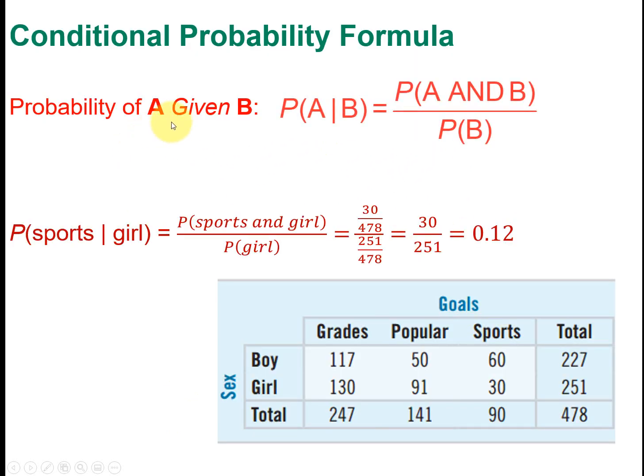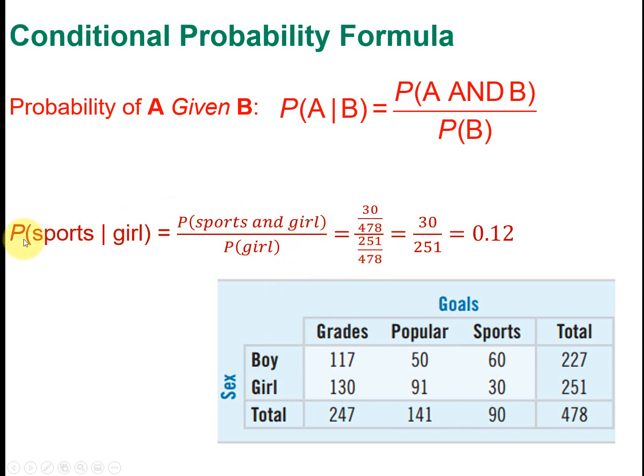And looking at it closely, here it is again: the probability of A given B is the probability of A and B divided by the probability of B. And we can see how that relates to our survey example about girls and boys and excelling at grades, being popular, or excelling at sports.